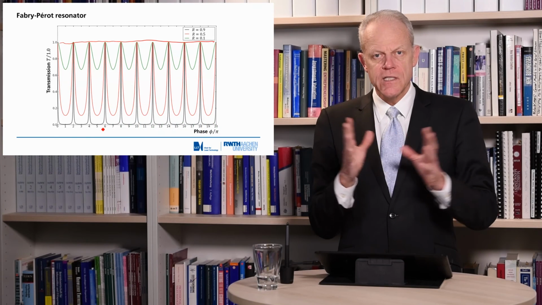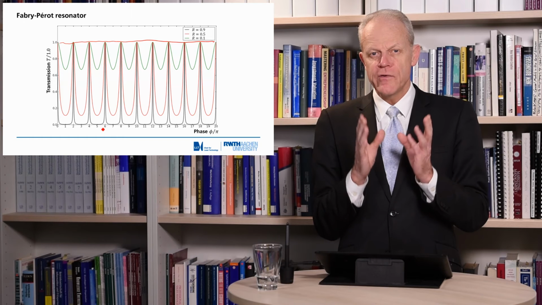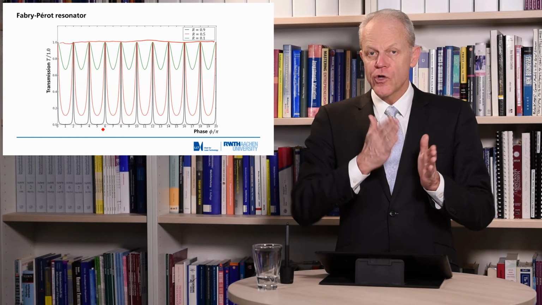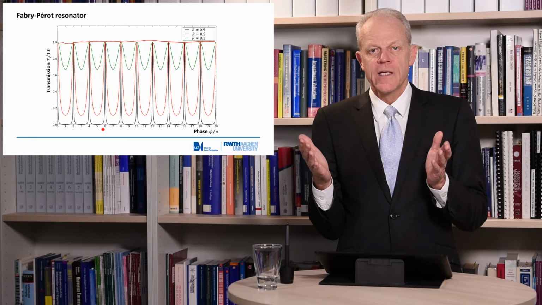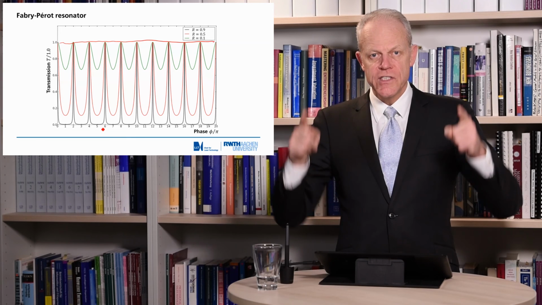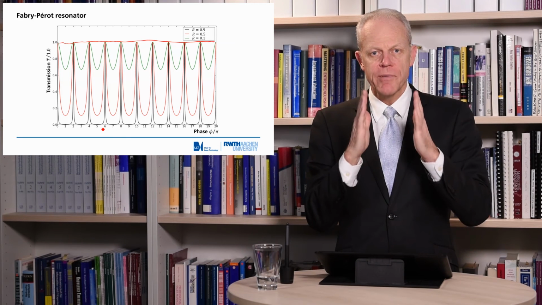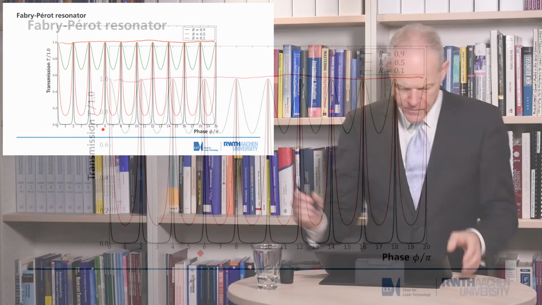As a first intermediate summary, a resonator is a very precise filter for longitudinal modes, that's frequencies, in a laser. And the higher the reflectivity of the mirrors, the deeper is the modulation and the sharper is the filter with respect to the resulting frequencies.